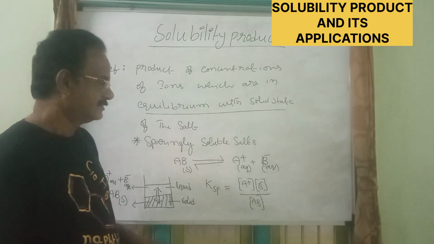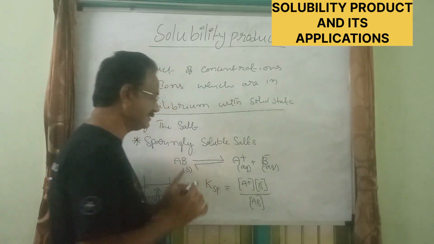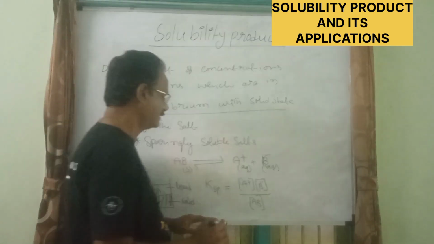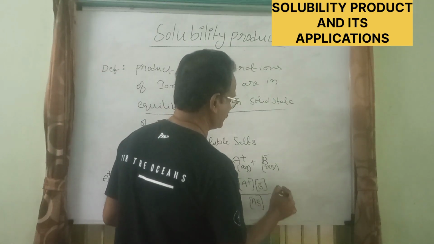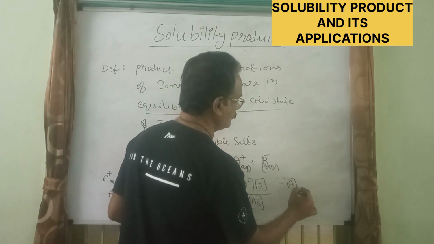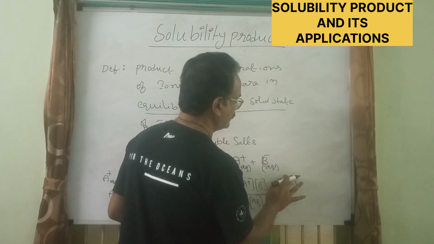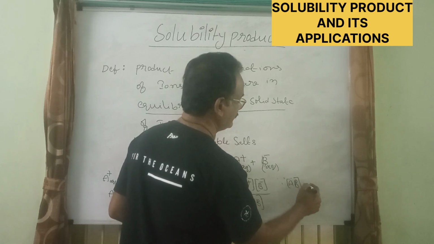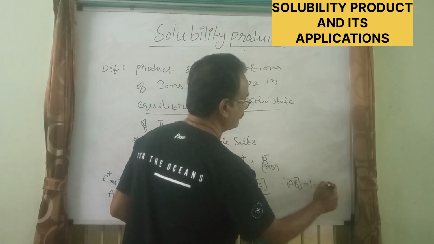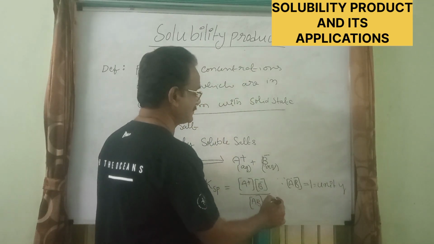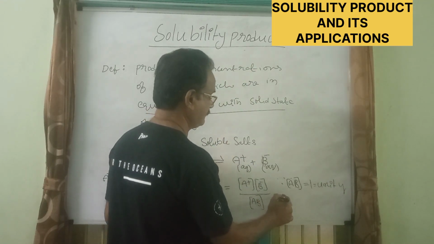Is it clear? So being AB in solid state, the substance left over in solid state has to be removed from this expression, since the concentration of solid AB is considered as unity. Unity means 1. Then the expression becomes like this.